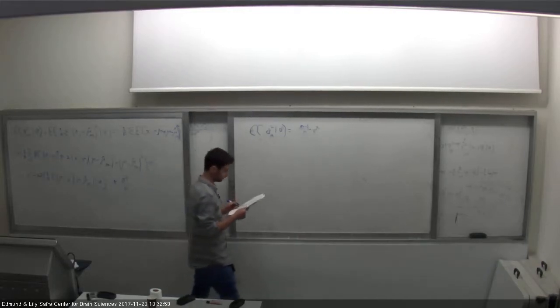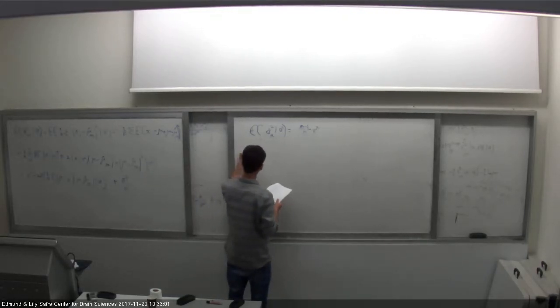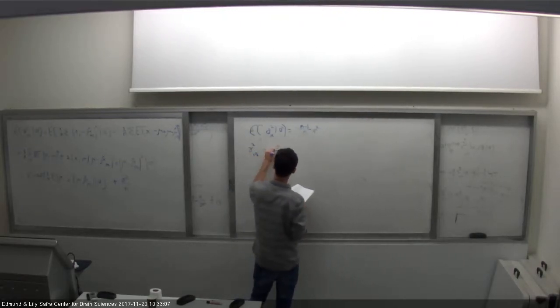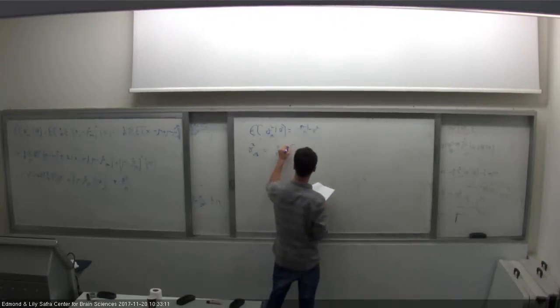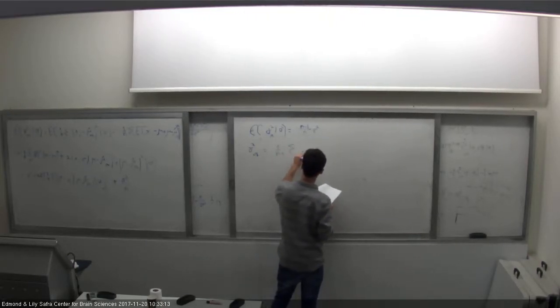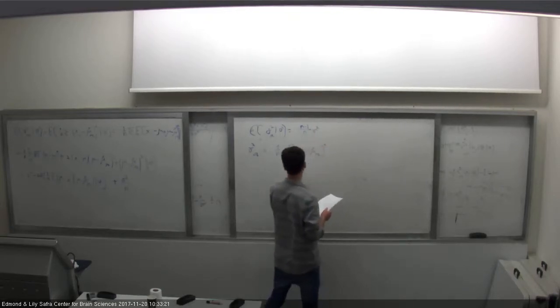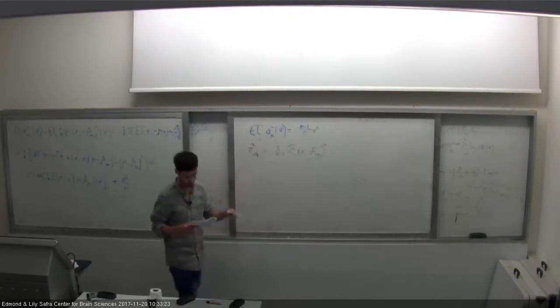We can define sigma to the square of this unbiased estimator as 1 over n minus 1 of the sum of xi minus mu ml. Okay, this is unbiased.